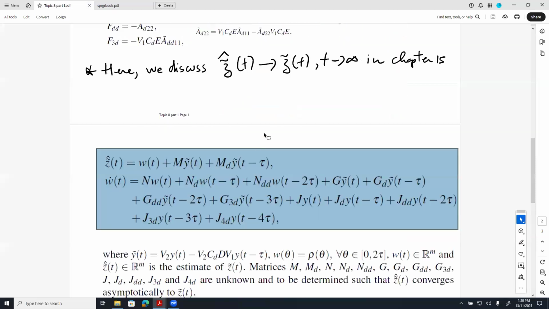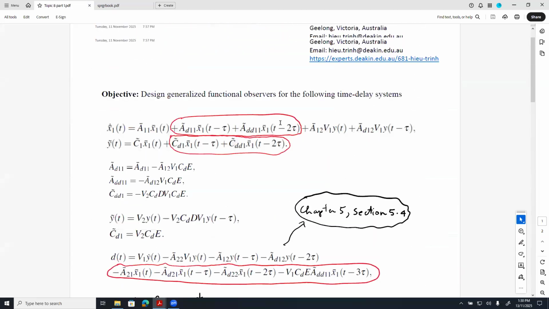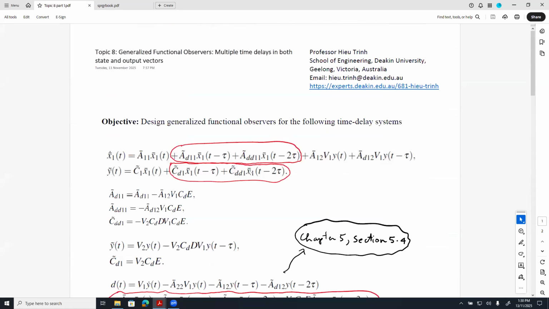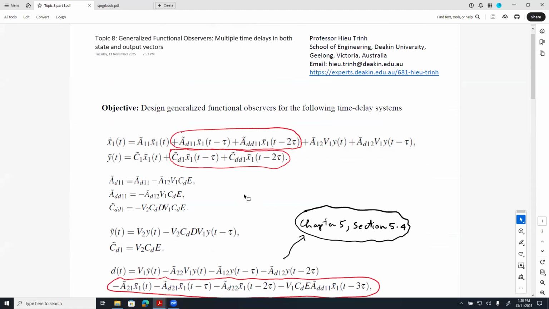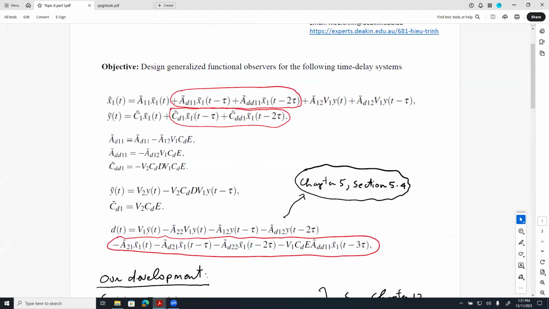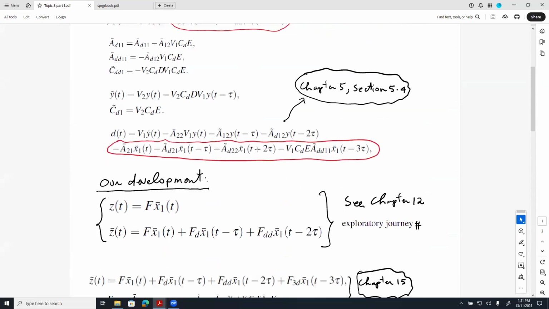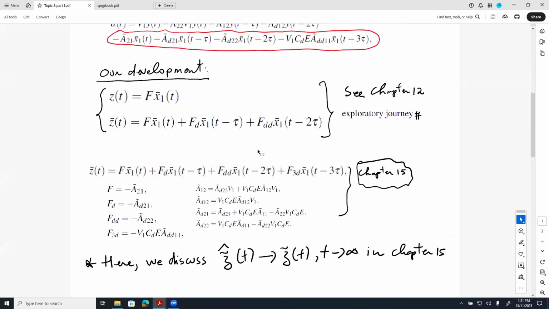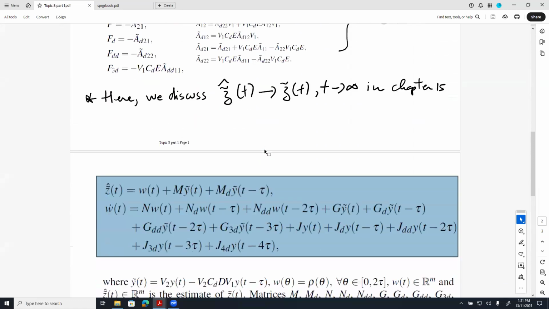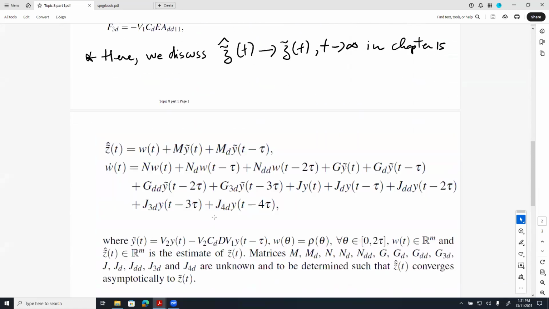For this video, we basically outlined the idea of how to go about designing generalized functional observers to estimate generalized functionals for this class of time delay systems, following a straightforward approach that we adopted in this book.